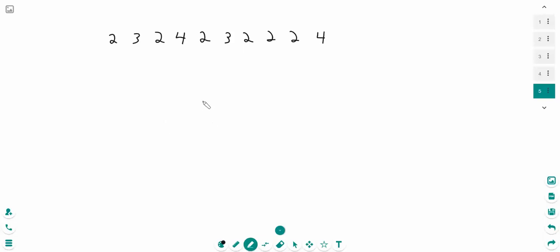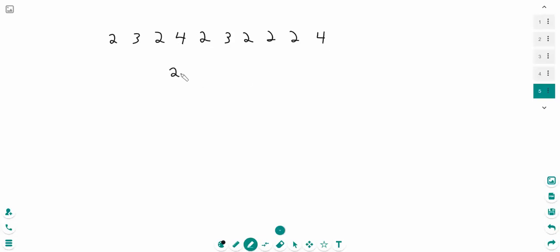So let's say I have 10 numbers here, and I want to find the average of these numbers. Well, how would I do it? Remember, to find the average, we just sum all of the individual numbers, and then we divide that by how many numbers there are. So if we sum all these up, we have 2 plus 3 is 5, 7, 11, 13, 16, 18, 20, 22, and 26.